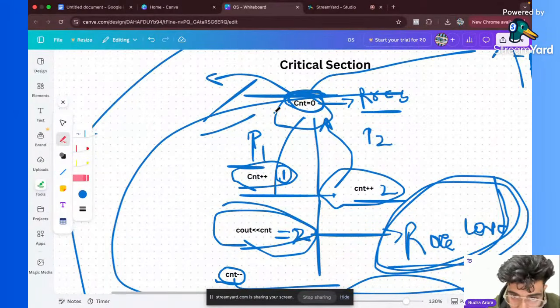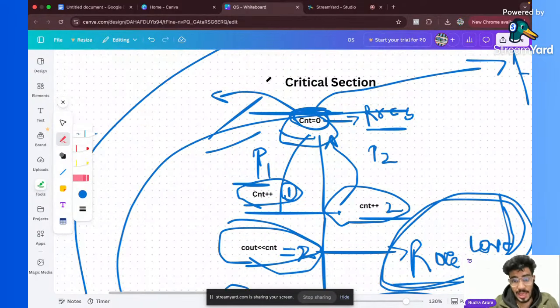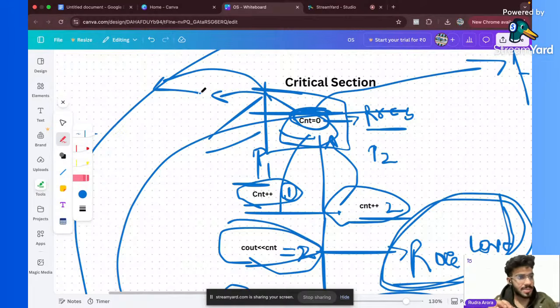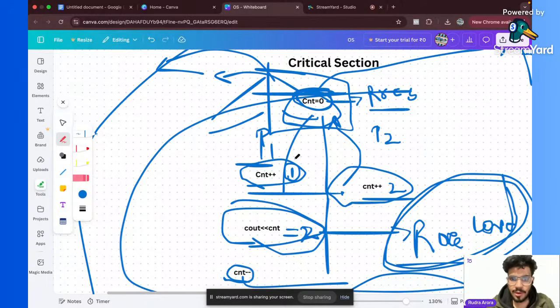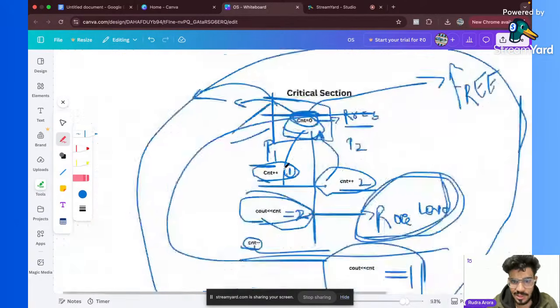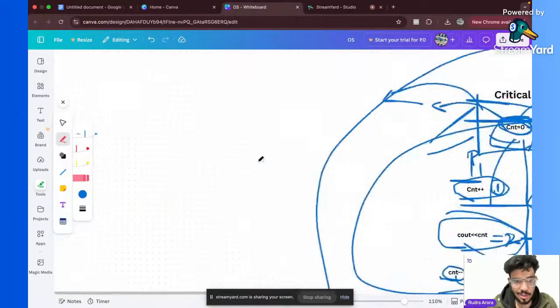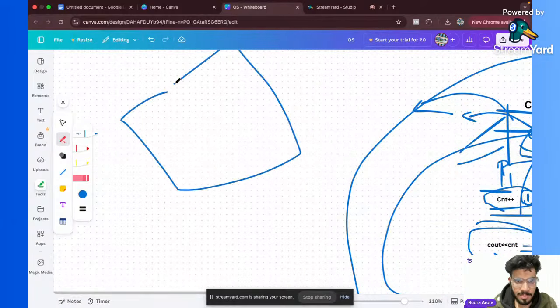So this is a count. Count is a resource which is shared by P1 and P2. The area in which this count is being provided to these processes is called the critical section. Critical section is a collection of shared code and resources which can be provided to n number of processes.